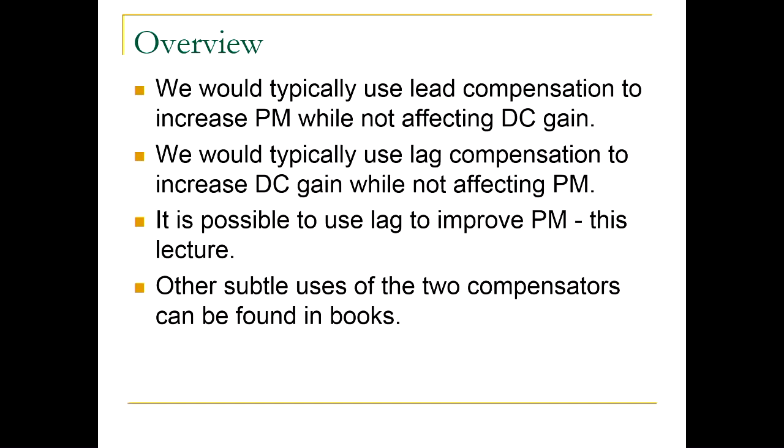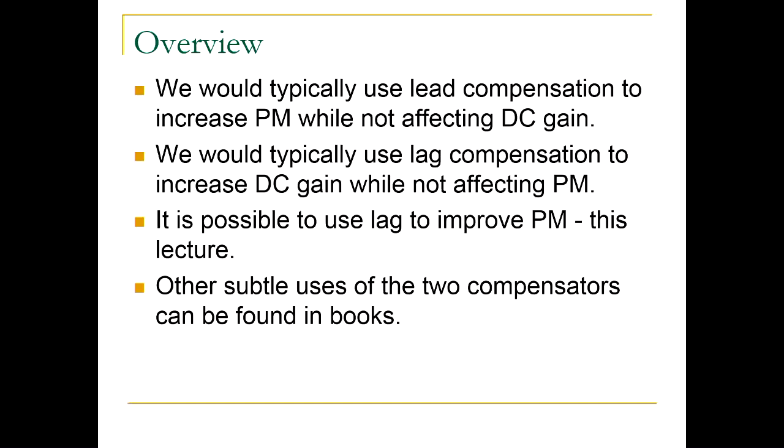So we saw already in the last lecture an example of lead compensation. So we saw that we would use lead compensator when we want to increase a phase margin. And typically we would provide the lead from the compensator in the region of uncompensated crossover frequency.